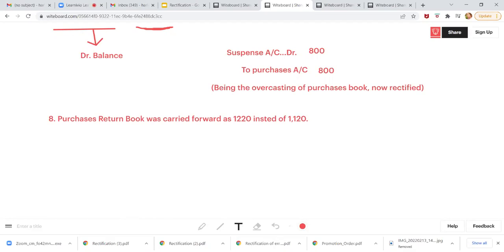So here first there is an entry as journal entry we will pass as cash account debit.